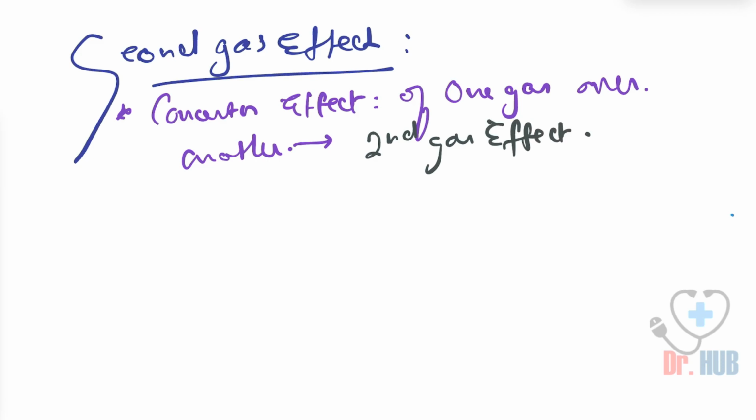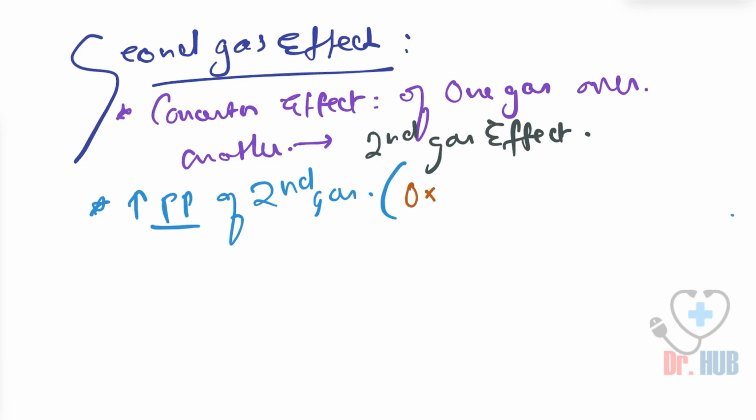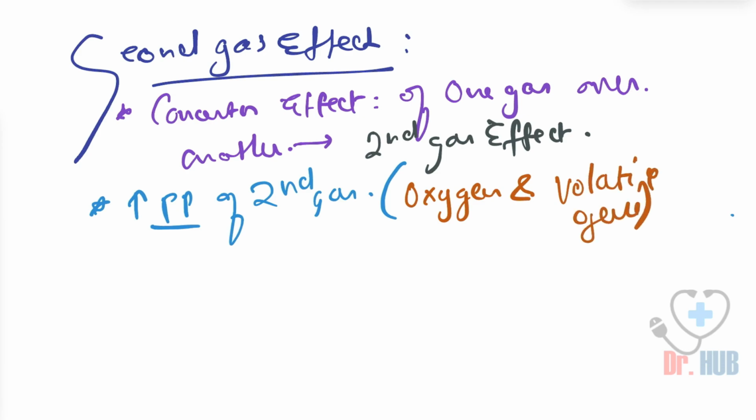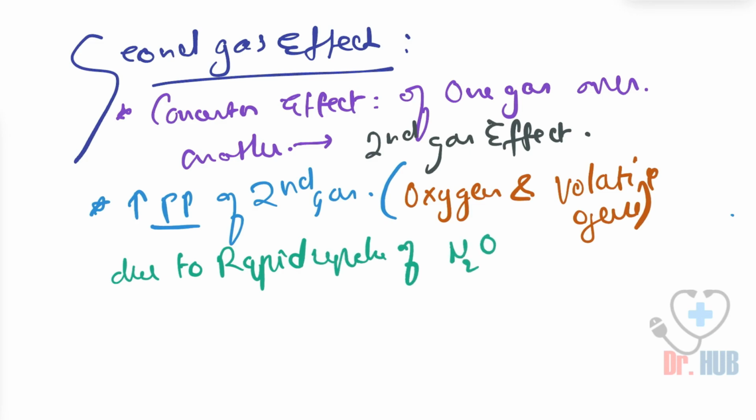There is an increase in the partial pressure of the second gas, that is the oxygen and volatile agents, due to the rapid uptake of nitrous oxide during induction.